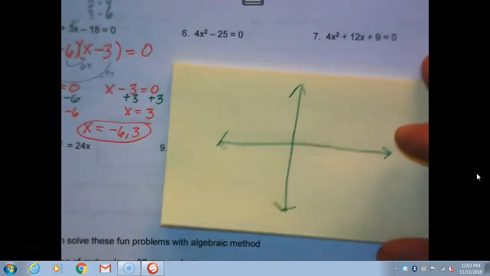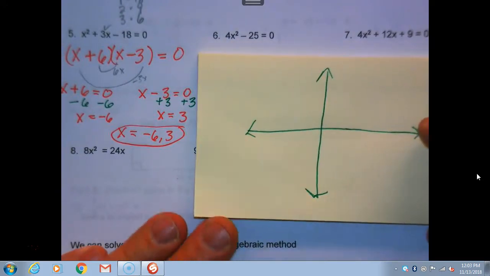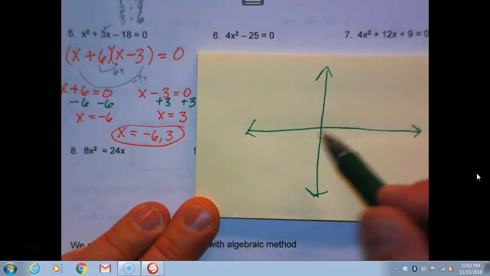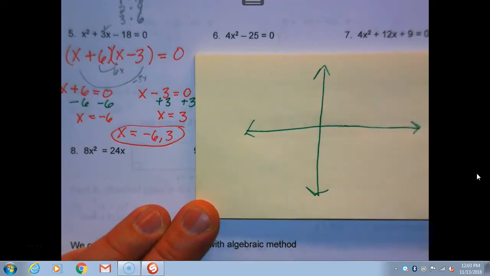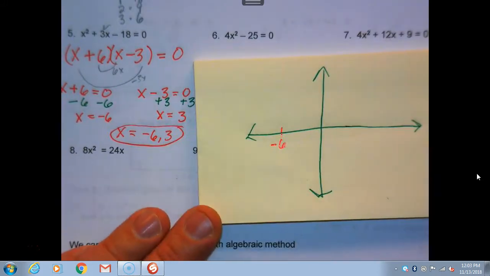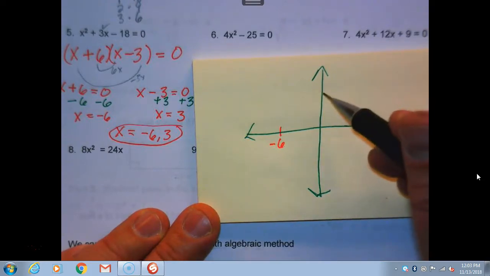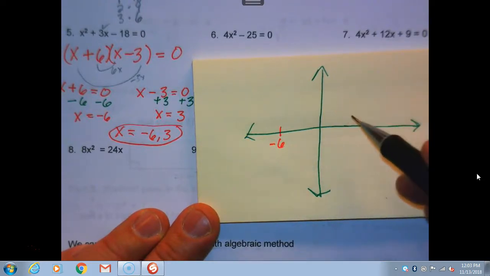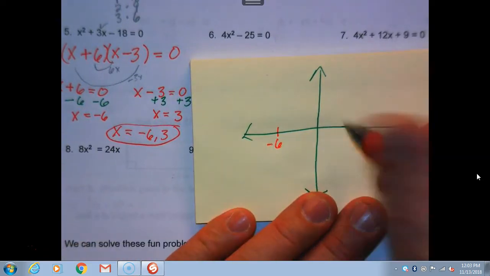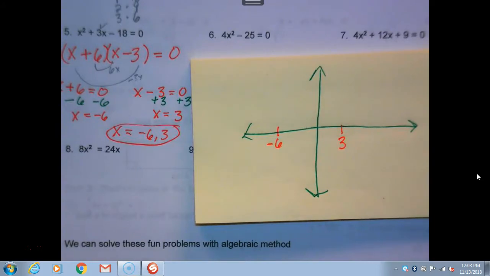What do you think, Nate? 6 to the left. So you're saying negative 6 over here. And then you're saying up 3. But it says x equals 3. Right 3. Okay, so here's x equals 3. What do those points mean?